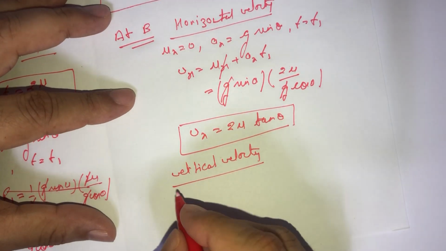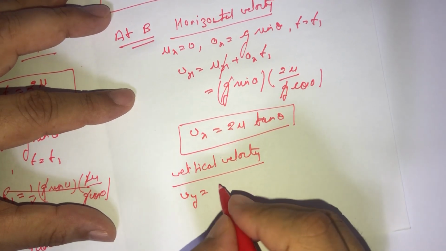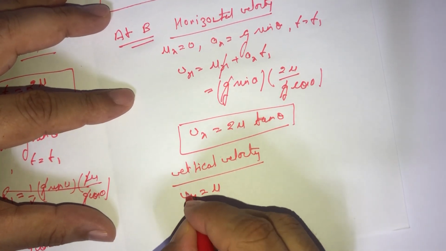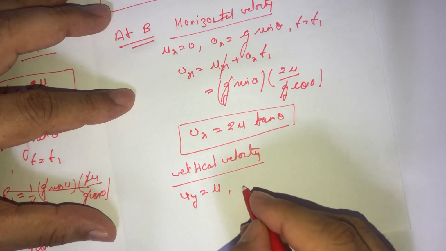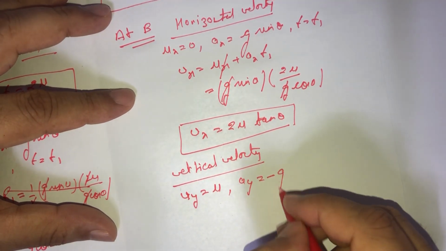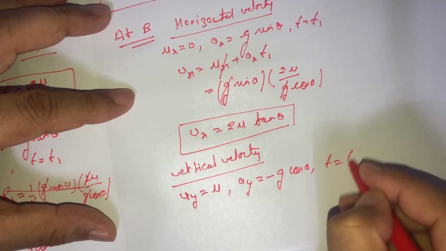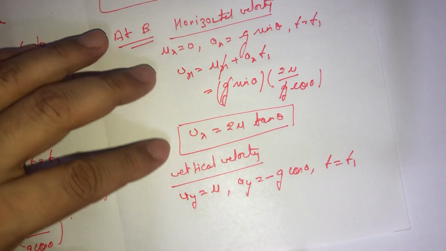In vertical direction, u of y is equal to u, a of y is minus g cos theta, and t is equal to t1.